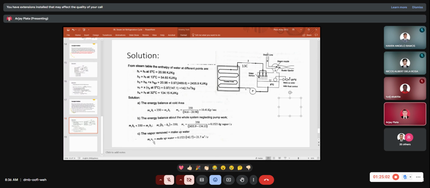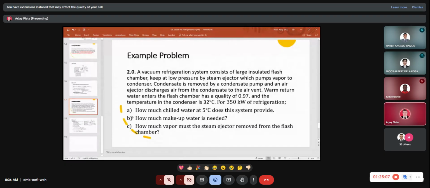So, yun pala yung hinahanap natin sa problem. How much water vapor must the steam ejector remove from the flash chamber? Okay. So, how much makeup water is needed? So, kailangan pala natin siyang i-calculate.